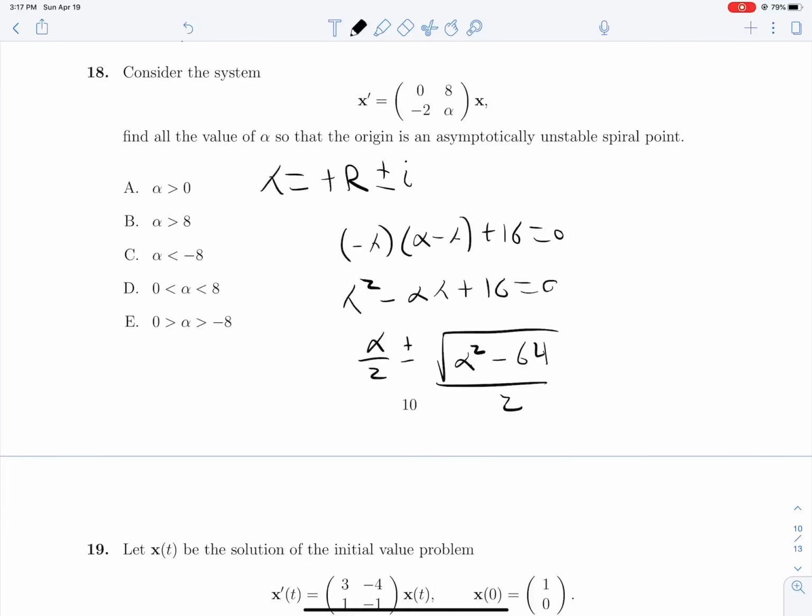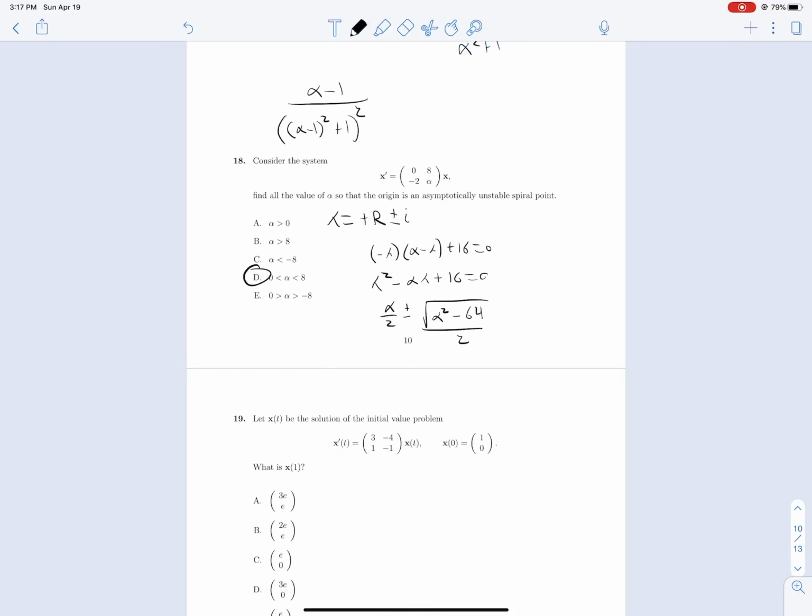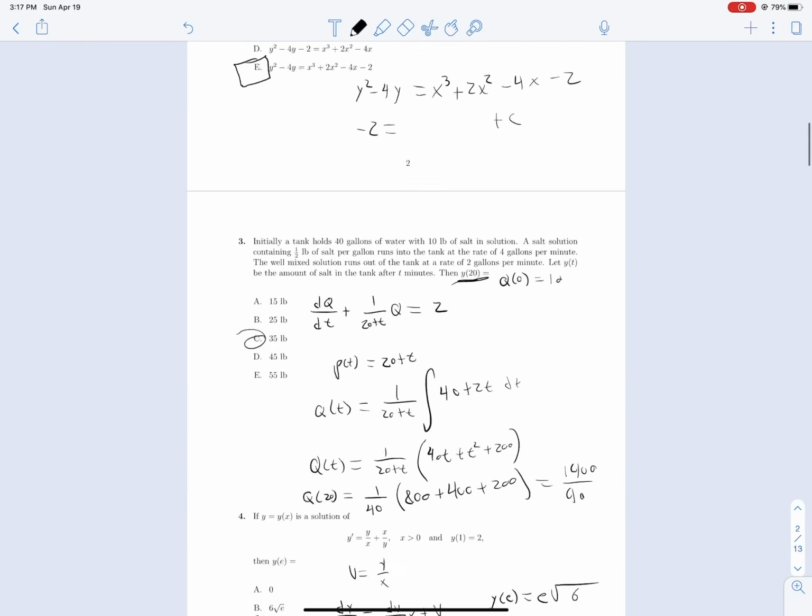So as long as alpha is greater than 0, we will have the positive real portion here that we're looking for, and as long as alpha is less than 8, the portion under this square root will be negative. So alpha between 0 and 8 is our answer D for 18.